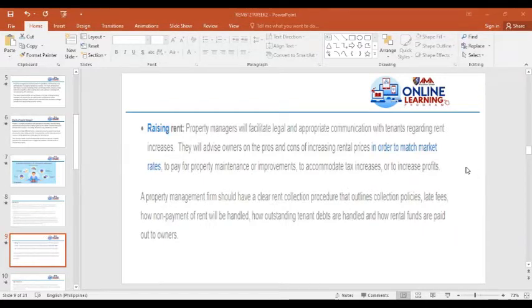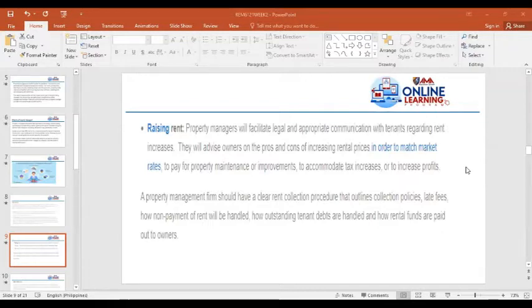So with this, with regards to raising rent, the property manager should communicate to all the tenants that there is an increase in rental. So with this, kailangan meron siyang basis. Why is it na kailangan niyang magtaas ng rent with regards sa mga improvements in his property.